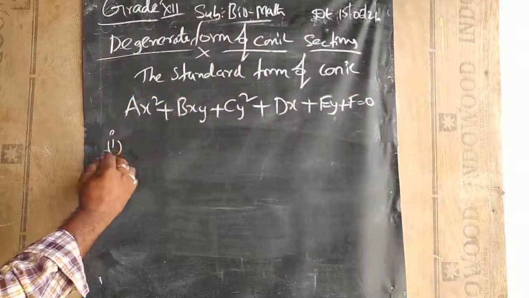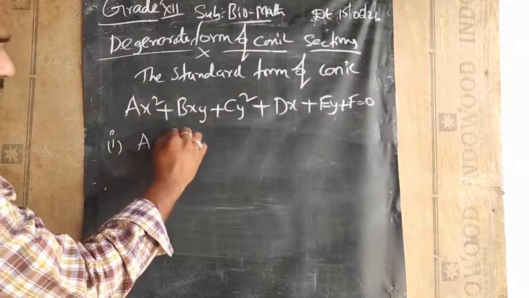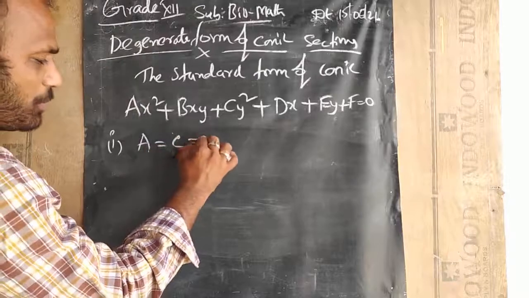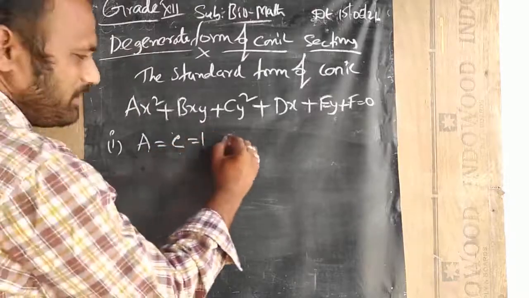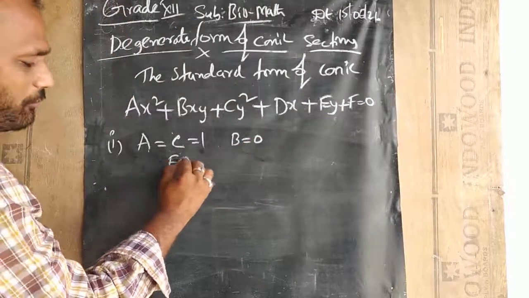So the first case: if a is equal to c, if the a value and c value are both equal to 1, and if the b value is equal to 0, then it forms a circle.